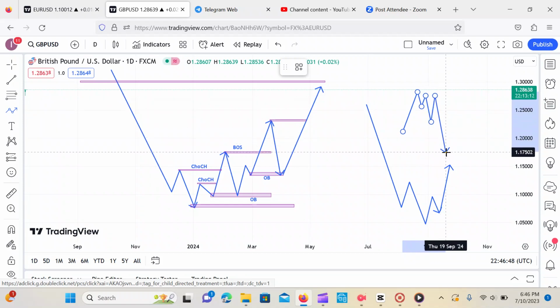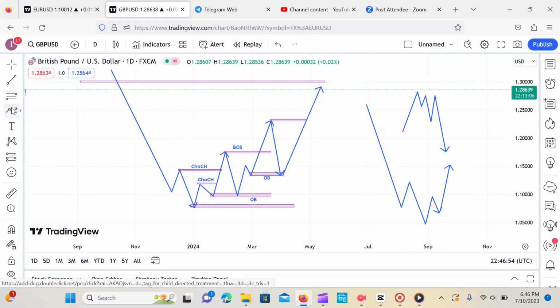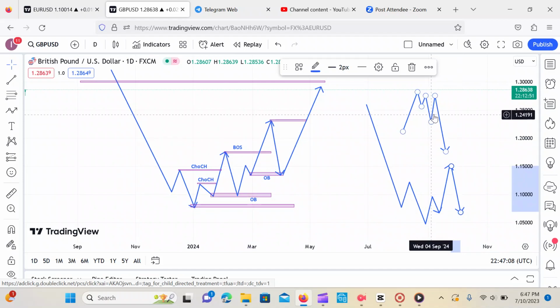Then it's coming down, which is a result of price coming back to respect this in a higher time frame. Once it gets to this particular area in a smaller time frame, this is higher time frame, this is lower time frame.